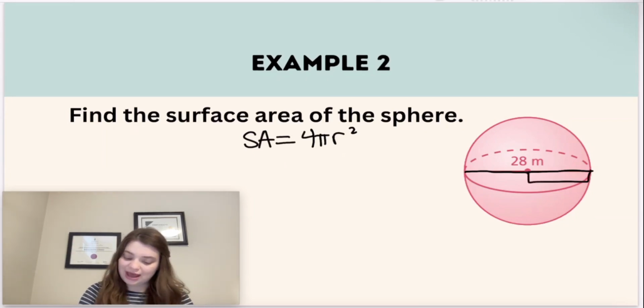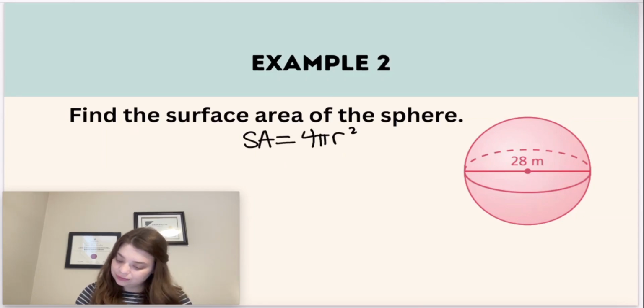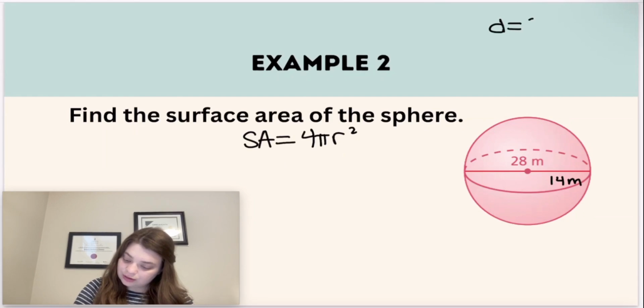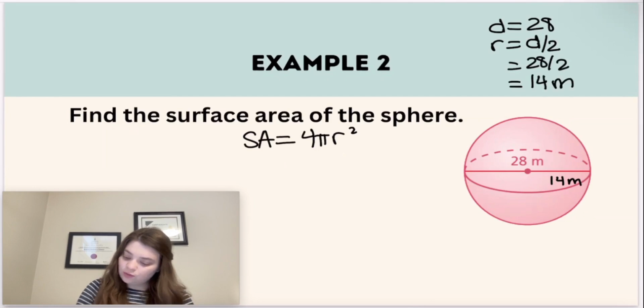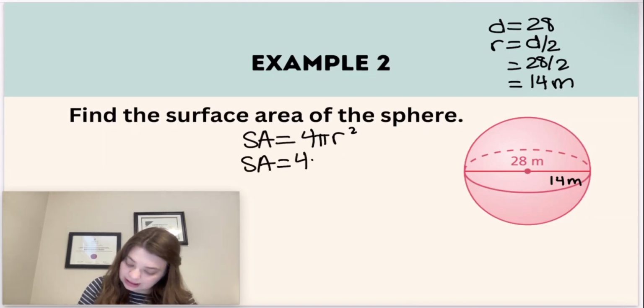The radius is only halfway across from the center to the edge, which is only 14 meters, or half of 28. Diameter is equal to 28, so radius is diameter divided by 2, which is 28 divided by 2, which is 14. So therefore, the surface area is equal to 4 times pi times 14 squared.